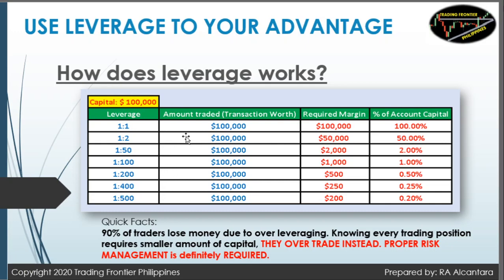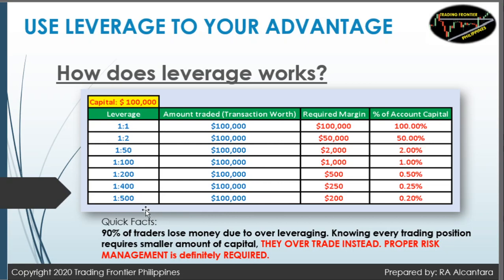So logically, as the leverage increases, the higher the leverage option you use, the lower the required margin being frozen by the broker in your account, and also the lesser percentage of capital is required for having this position.